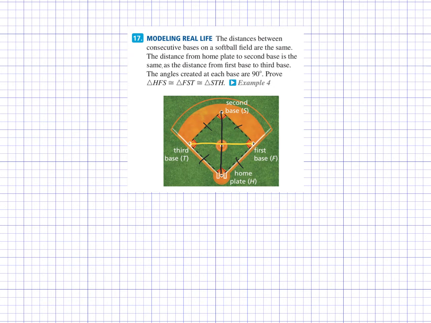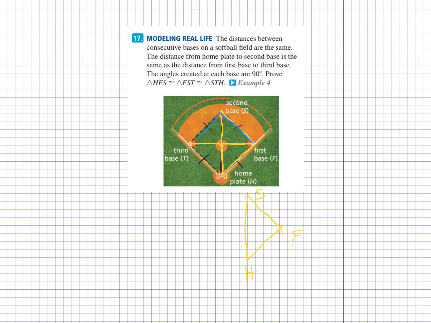Prove that triangle HFS, where H is home plate, F is first base, and S is second base, is congruent to triangle FST, first base, second base, third base.